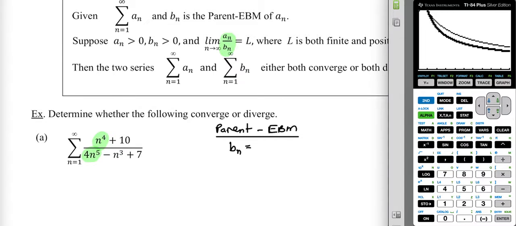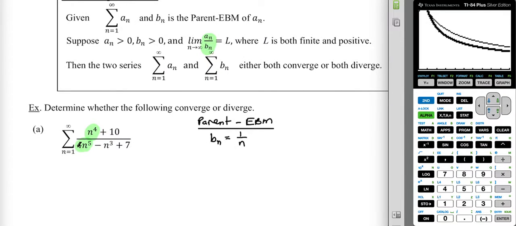The ratio of the terms with the highest exponents, top and bottom, but then strip away any coefficients that might be there. All right, so it's going to be n to the fourth over 4n to the fifth. If I strip away the 4 and just reduce n to the fourth over n to the fifth, I get 1 over n. Okay, so that's what we're going to create in terms of a ratio.